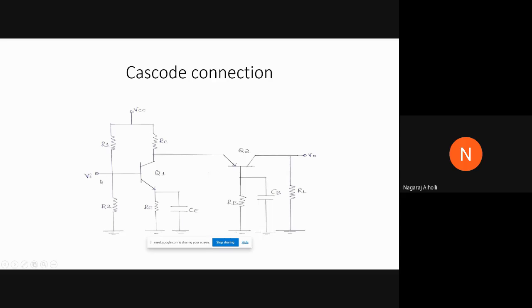Then the capacitance at the input of the common emitter amplifier, or at the input of the cascode connection, is less.